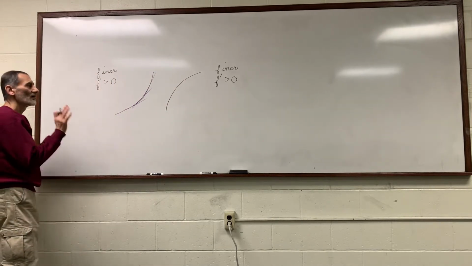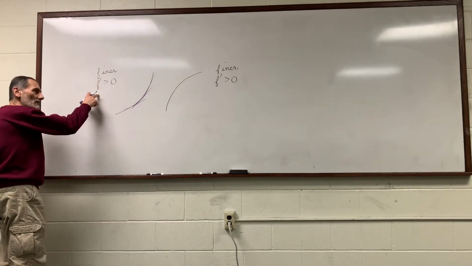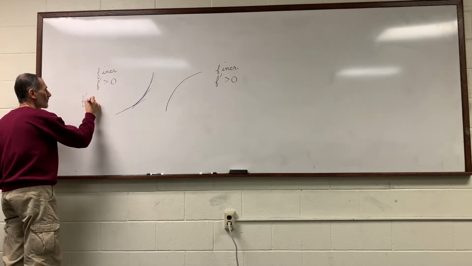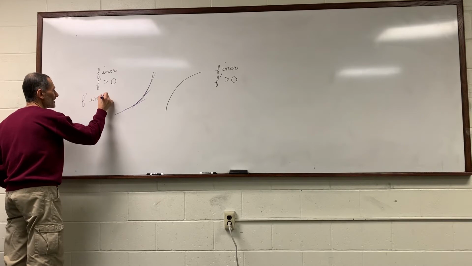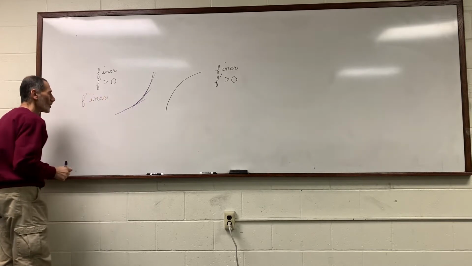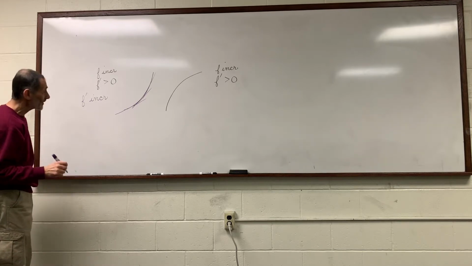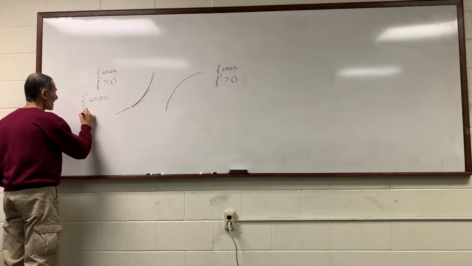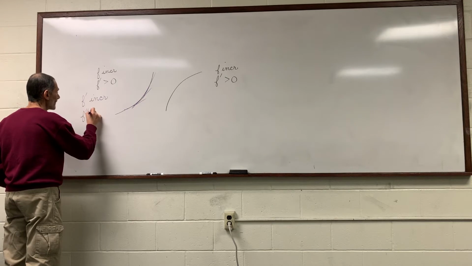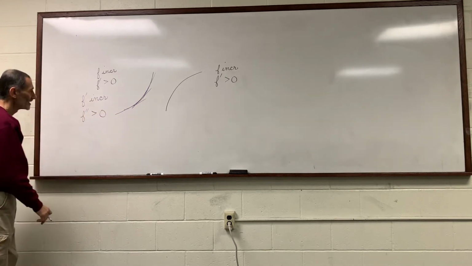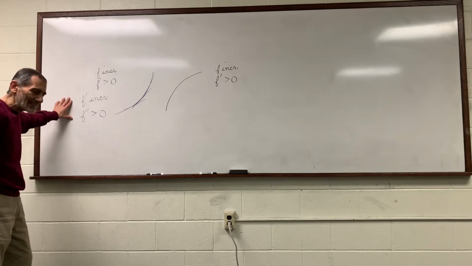That is, the slope itself, represented by f prime, is increasing. F prime is increasing. What that means to us in regards to the second derivative is that the second derivative is positive in this example.